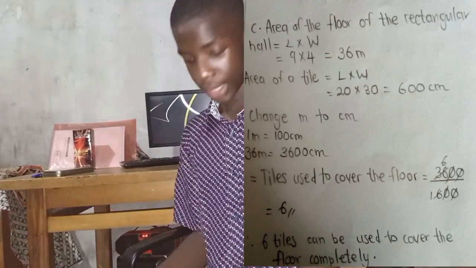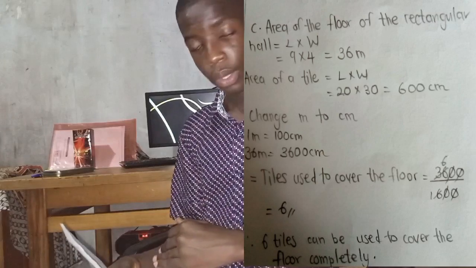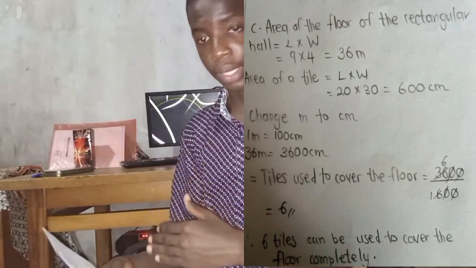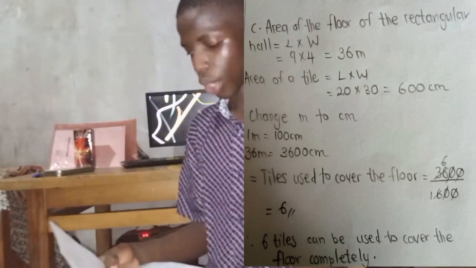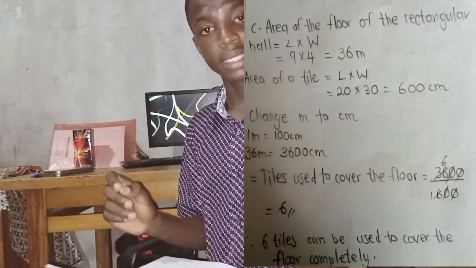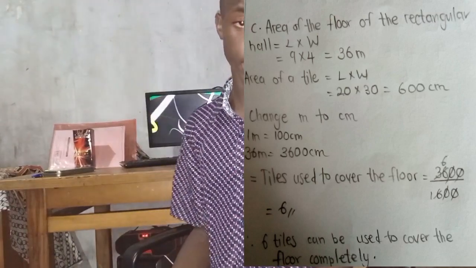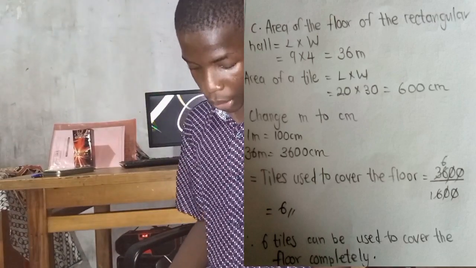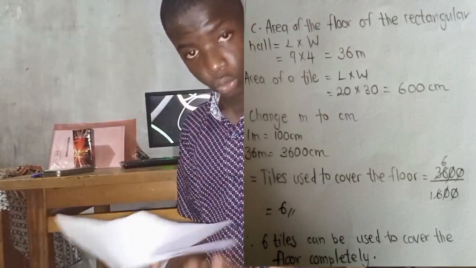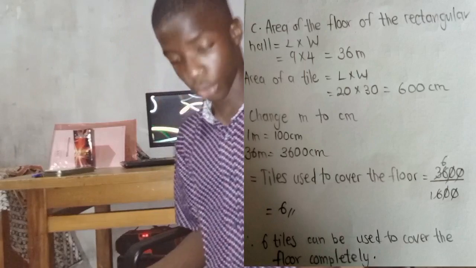So in this case, the 36 meters square we had for the floor of the rectangular hall will become 3,600 centimeters square. So now we divide to get the tiles that can be used to cover the floor.